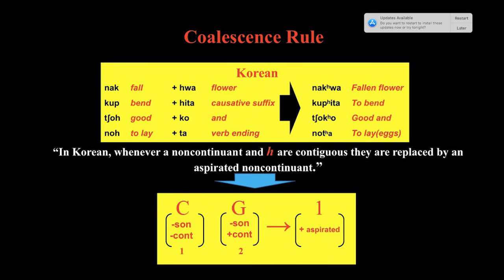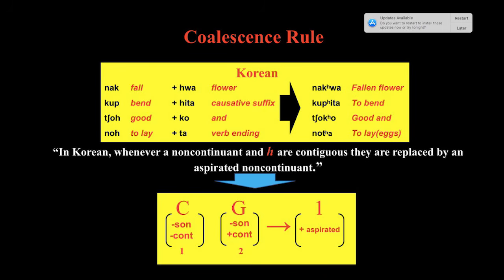Let me explain this. Look at nak. When it is actually added to hwa in Korean, it becomes nakhwa. Now k ends nak, while the h starts hwa. So k becomes adjacent to h sound and it is replaced by an aspirated k. The same case when p becomes adjacent to h in kup plus hita, the p and h are replaced by an aspirated p.